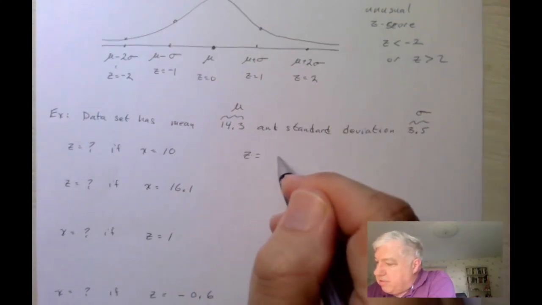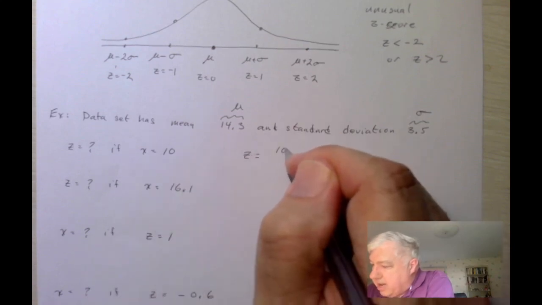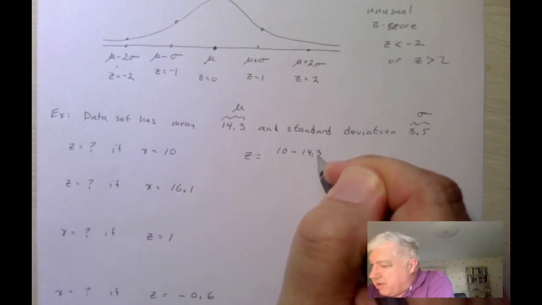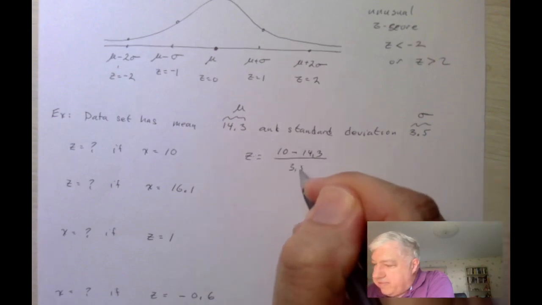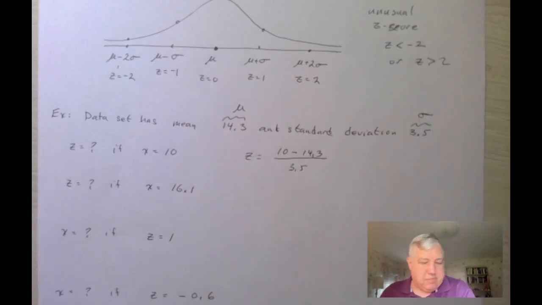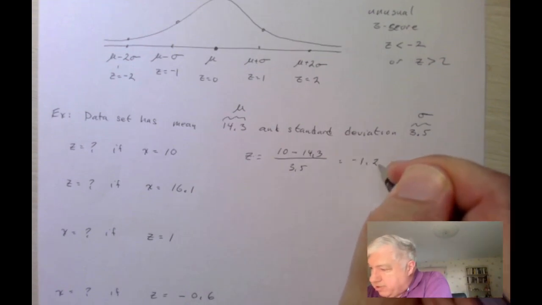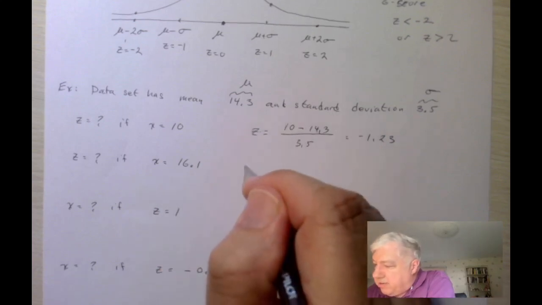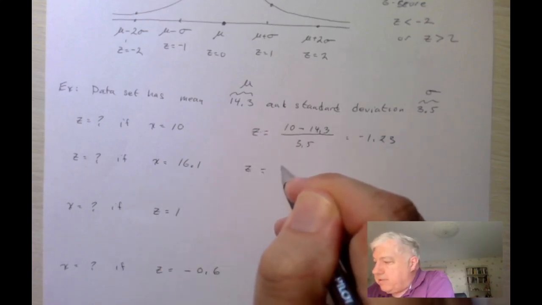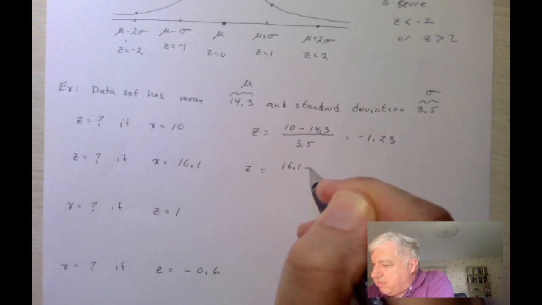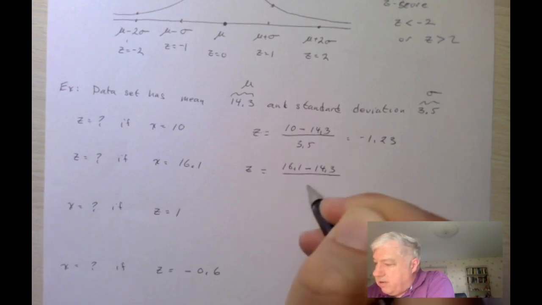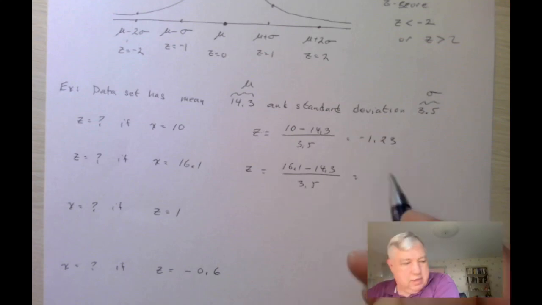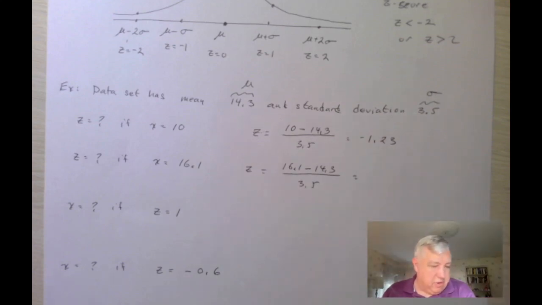Our data entry is 10, so it's 10 minus 14.3 divided by 3.5, which turns out to be -1.23. And with z-scores you can get away with just rounding to 2 decimal places. In this case, if x is 16.1, the z-score would be 16.1 minus 14.3 over 3.5, and this would be 0.51.